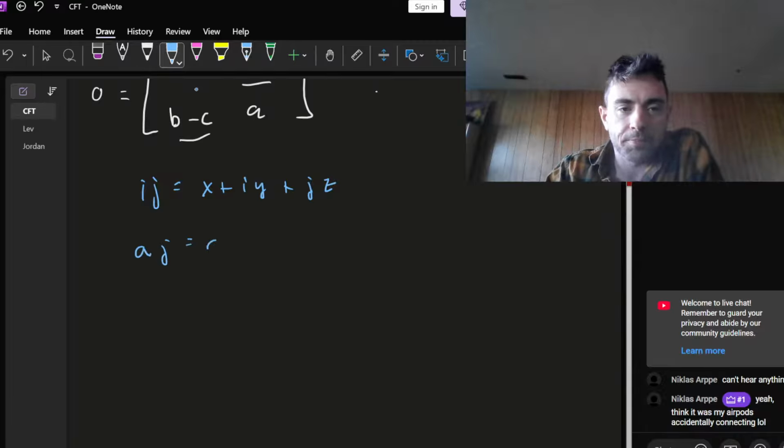So this is the vector space definition. What's the other definition?